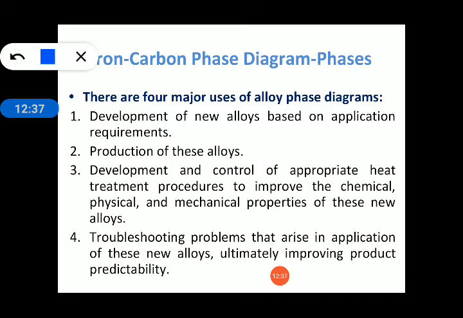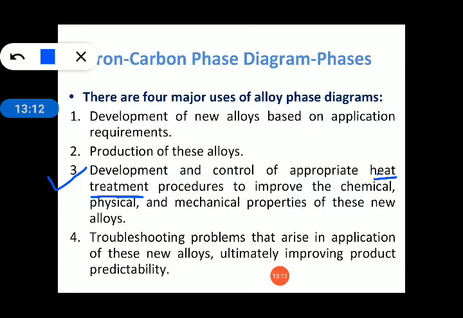Second, development and control of appropriate heat treatment procedures to improve the chemical, physical and mechanical properties of these new alloys. Heat treatment is the process in which you heat a particular metal to a certain temperature, hold it at that temperature for a certain time, and then cool it in a different medium.